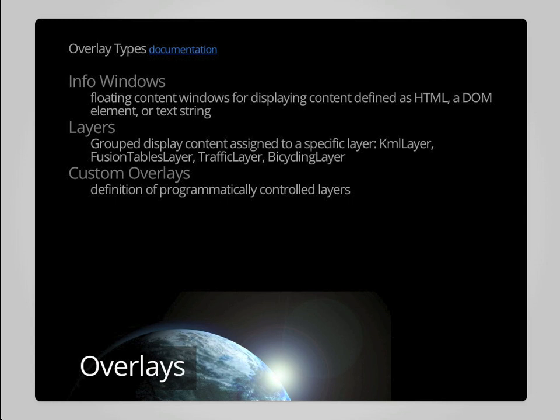Google also has a layer type related to their fusion tables. And fusion tables for Google are essentially a way to have an online table that can contain a variety of attributes.